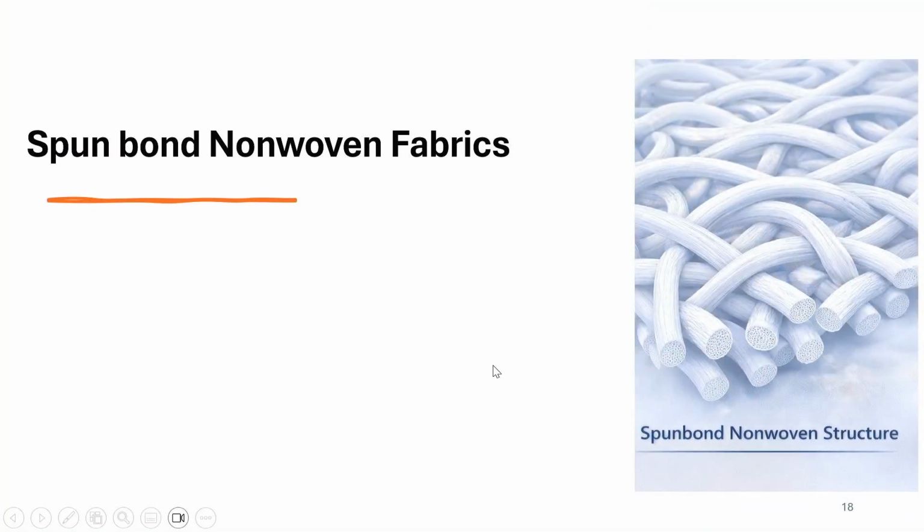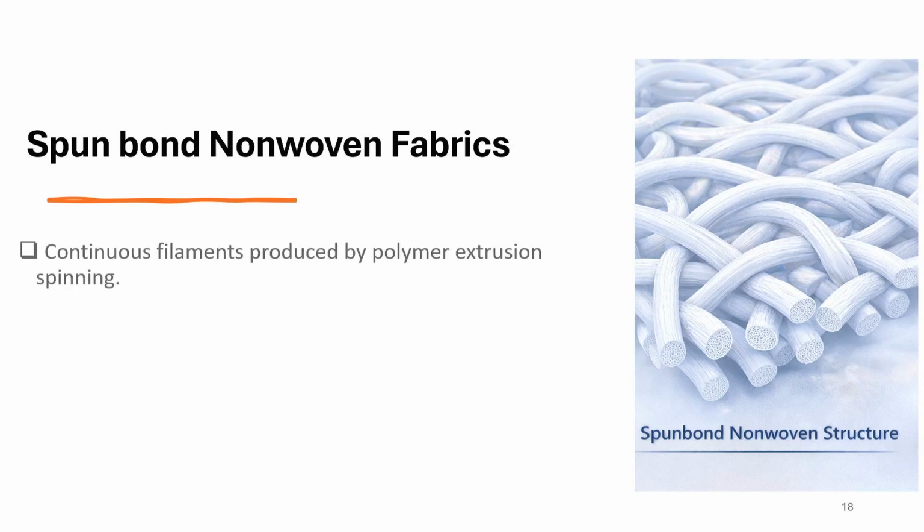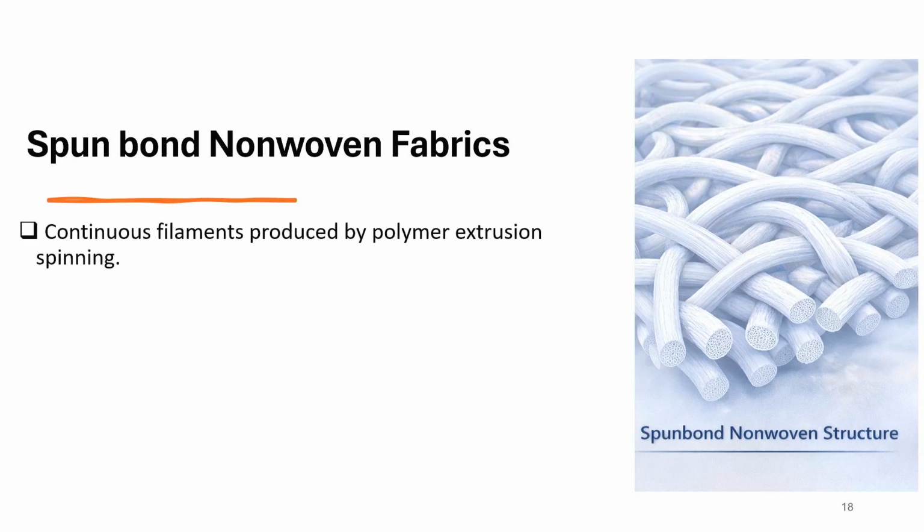And in spun bond nonwoven fabrics, the diameter of the fiber is larger, where directly from the spinneret the fibers are laid randomly on a conveyor, and then bonded either by needle punching or by thermal bonding. Continuous filaments are coming through the extrusion.